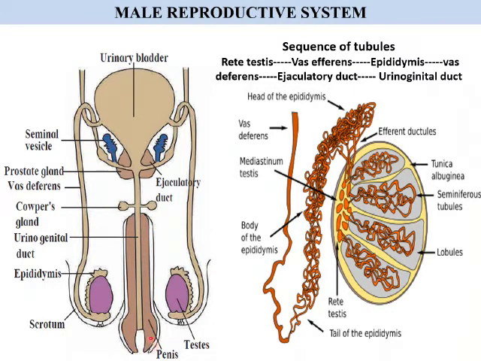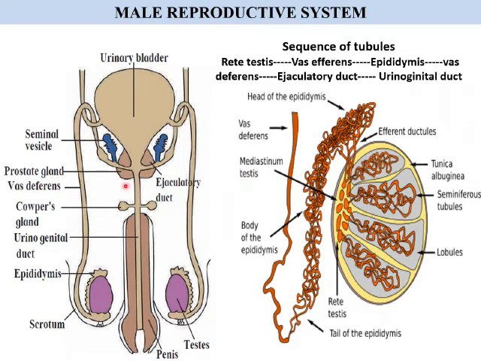The penis is again one, as are the scrotum, where the testes are placed outside the abdominal cavity, and the prostate gland. These are single, and except these, other parts are paired. I hope you have understood the male reproductive system and how the functioning is brought about.